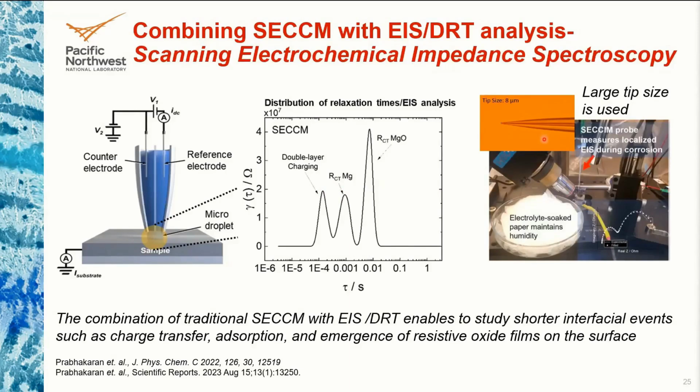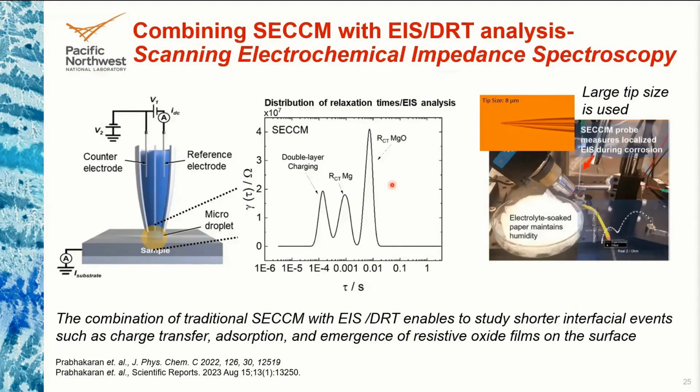So we started with a smaller tip size, but eventually we found out that the tip size needs to be larger, like 8 to 10 microns. That basically forms a larger contact area and minimizes the evaporation rate or precipitate formation. And also the soaked method works to maintain the humidity.